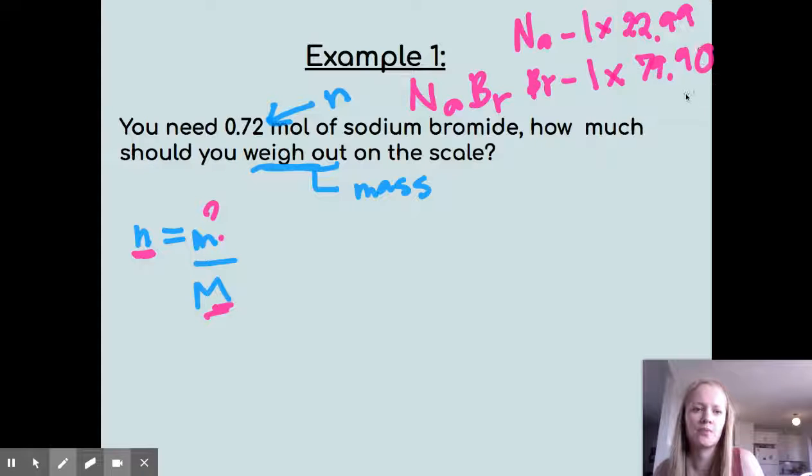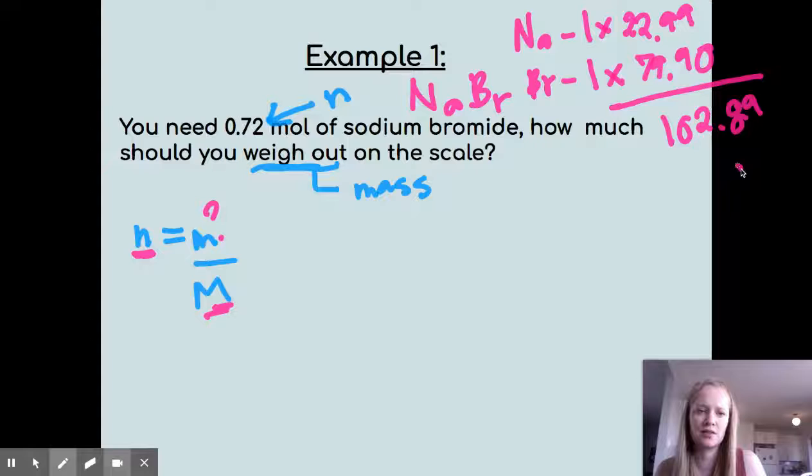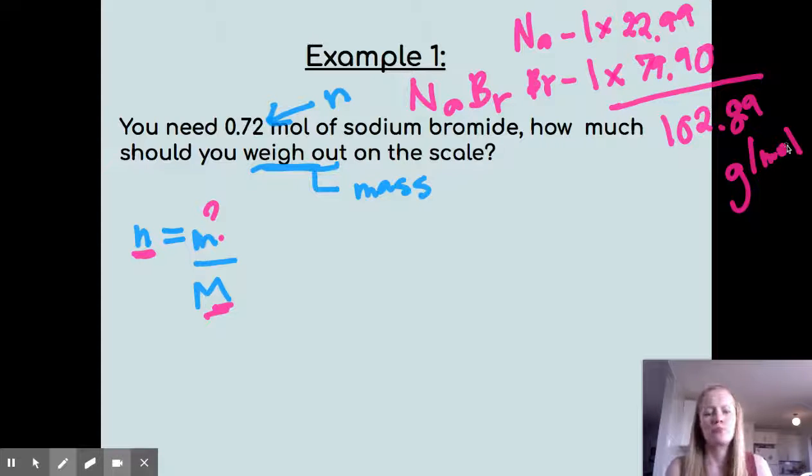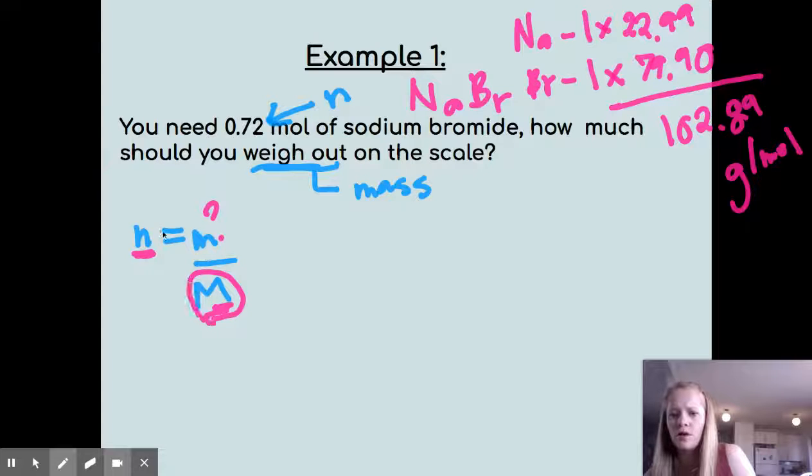I would add those up, and I should get 102.89, and the units for molar mass are grams per mole. Sorry, I'm going to go off my screen. Okay, so now I know this, I know this, which means I can solve for little m.